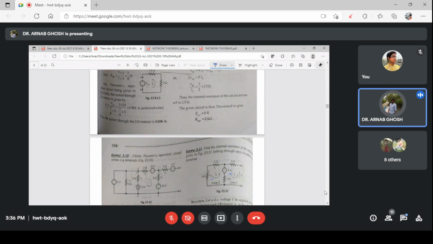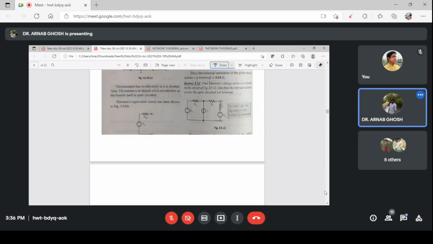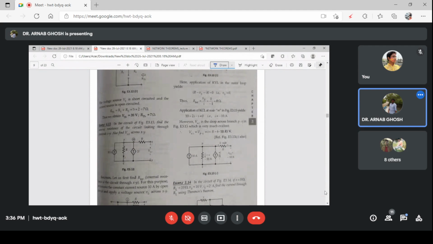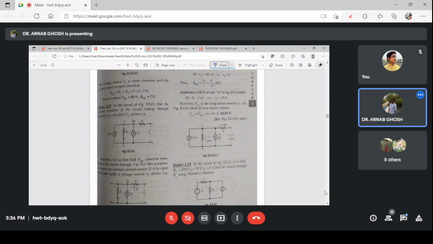So you do this problem 3.13 on your own. Everybody do this problem 3.13.